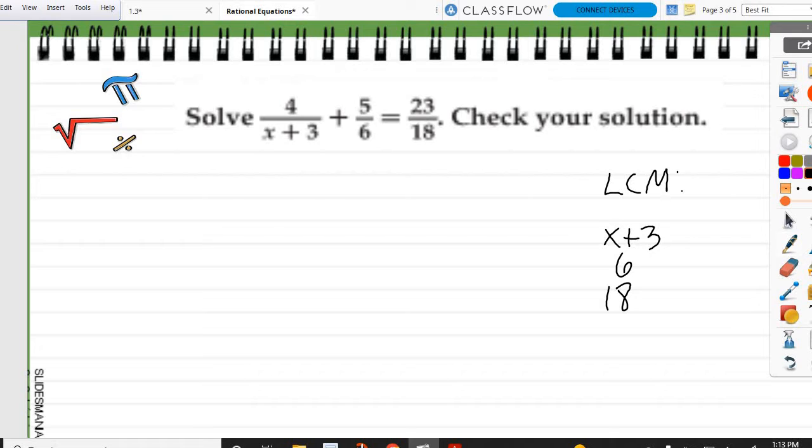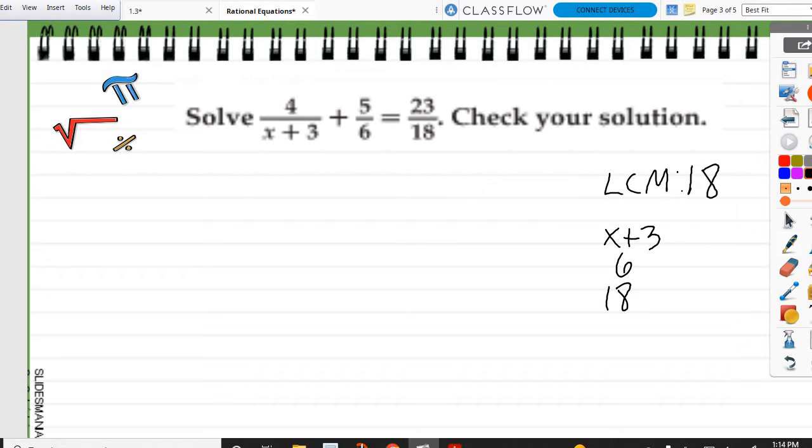So we first just want to look at our numbers. What is our least common multiple of 6 and 18? Remember, not a factor, but a multiple. So not what goes into them, but what do they go into? 18.